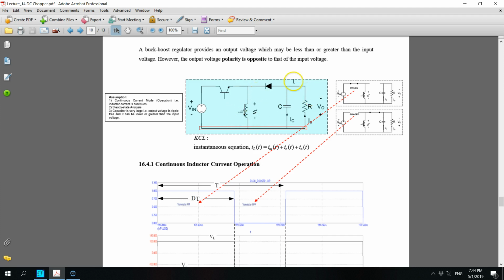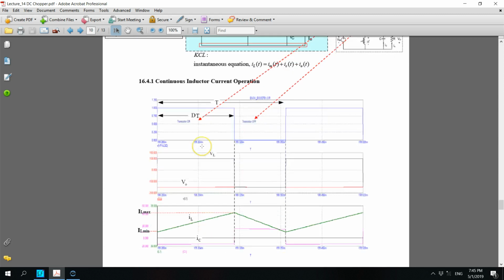During turn on, applying Kirchhoff's voltage law across this loop, we have minus V in plus VL equals 0, and therefore a positive V in is impressed across the inductor, causing the current to rise linearly from IL min to IL max.